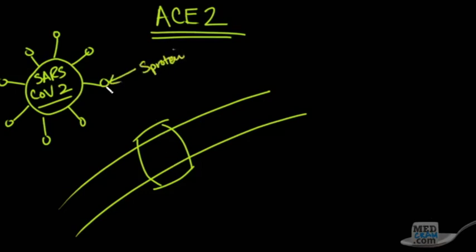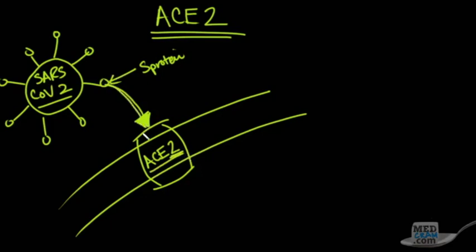And the receptor for this is on the surface of the cell, specifically cells that are found in the lung, the type 2 pneumocyte it's known as, and also in the GI tract. And this receptor is known as ACE-2. And that's really important for you to understand, ACE-2. This is where the S protein docks.